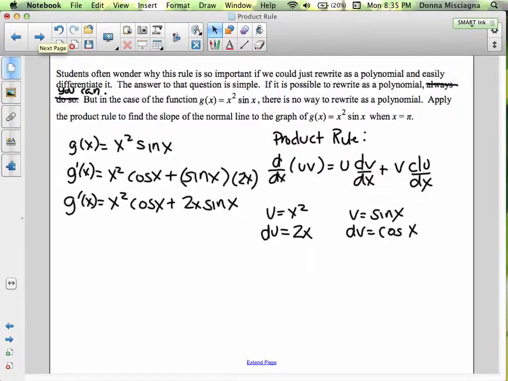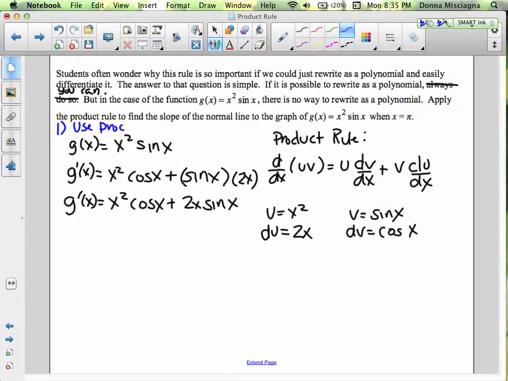All right, so except we're not done. That's the answer for our derivative. We have to finish because we were asked to find the slope of the normal line. So first, we took the derivative. That was step 1. So we use the product rule. And by the way, I think you have a whole page to write this.